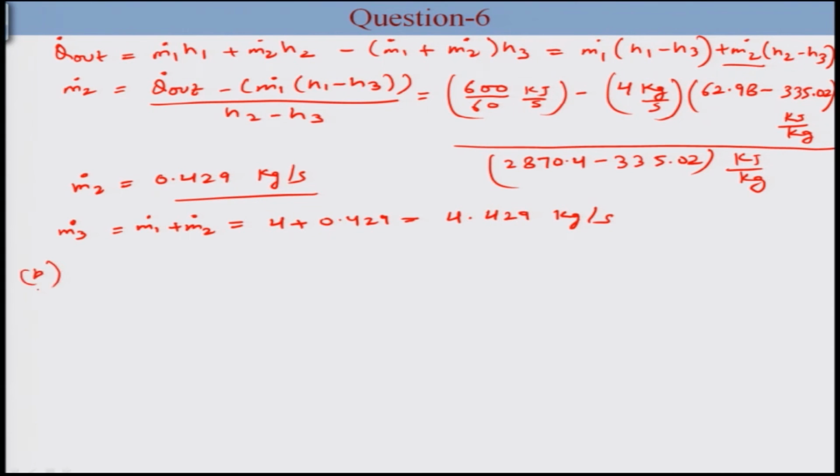So, in part B, the exergy destroyed during a process can be determined from the exergy balance or directly from its definition, that is exergy destroyed is equal to T0 S gen, which is the entropy generated. So, this entropy generated can be determined from the entropy balance, on the system and its immediate surrounding.